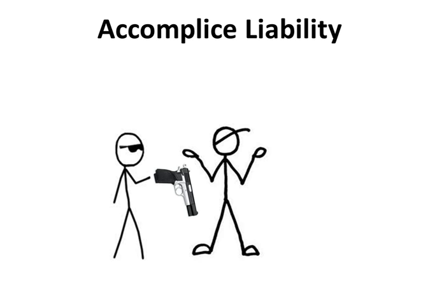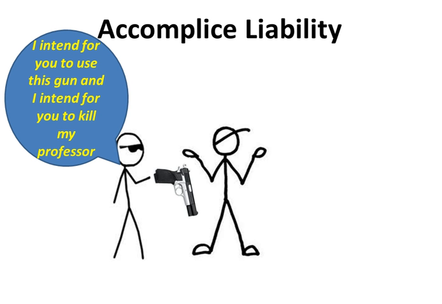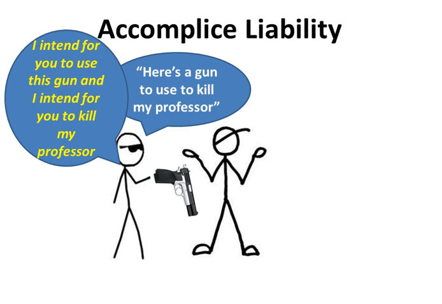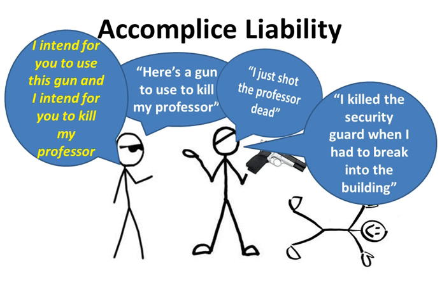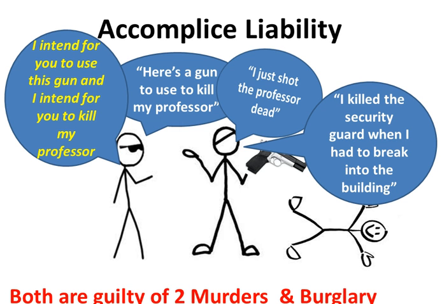So back to our example. They have the requisite intent to aid, the requisite intent to commit the crime. Here's a gun to use to kill my professor. The principal takes the gun, shoots the professor, but also indicates, "I killed the security guard when I had to break into the building." Both are guilty of 2 murders and a burglary.